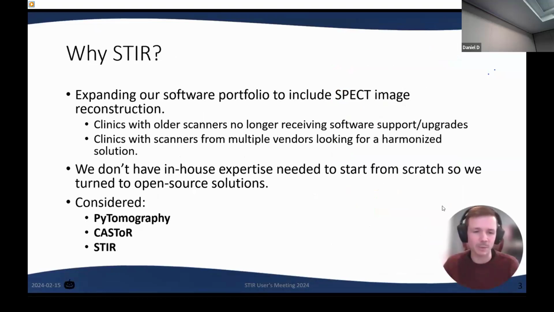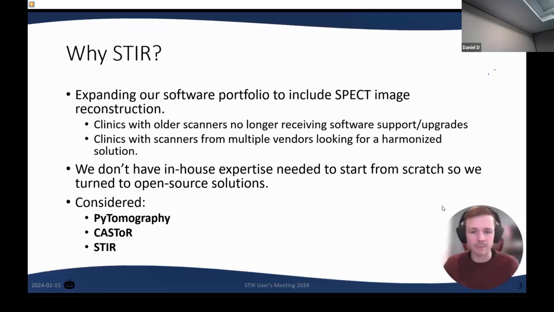Some of our customers represent clinics with older scanners whose vendors are no longer providing software updates or upgrades for those systems. Others might be clinics with multiple scanners from different vendors, and they're looking for a harmonized solution for SPECT reconstruction across the different models of scanners that they have access to.